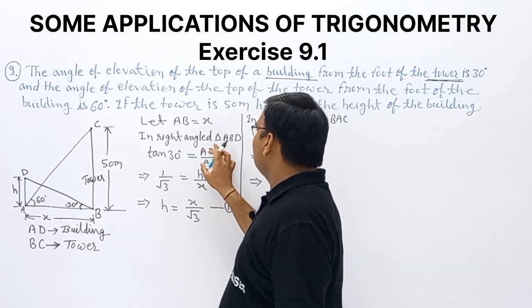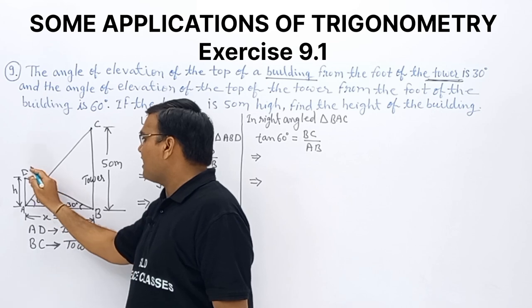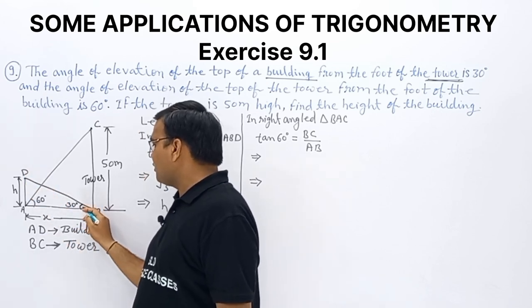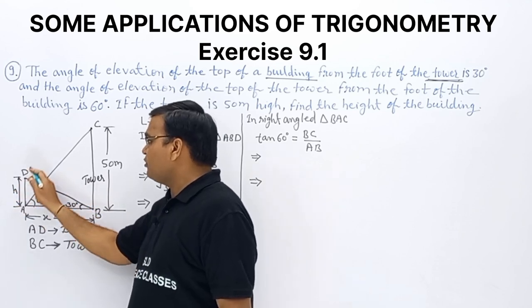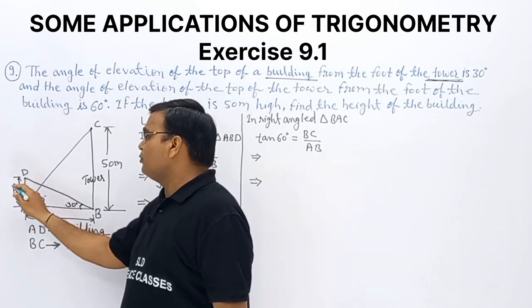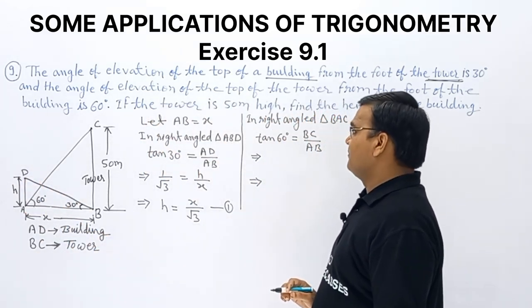Now in right angle triangle ABD, this right triangle we are considering first, in which we have acute angle 30 degrees and its opposite side showing the height of the building, which we assumed as h. H is the height of the building.